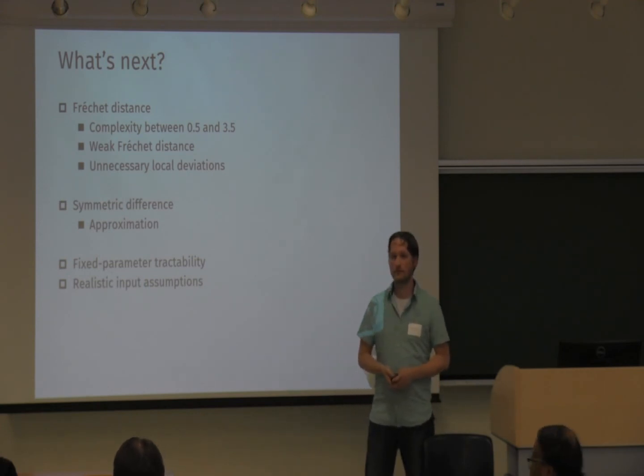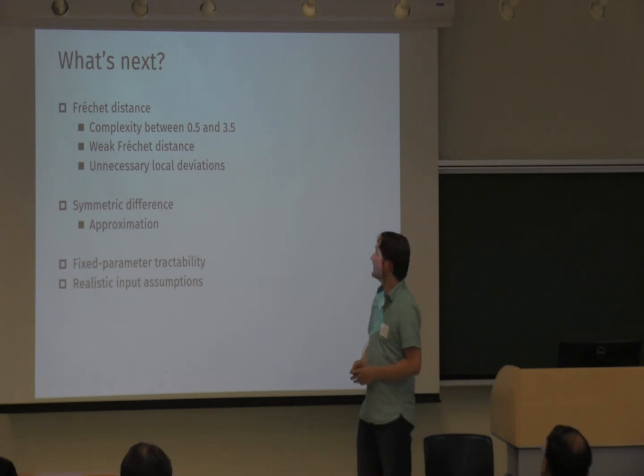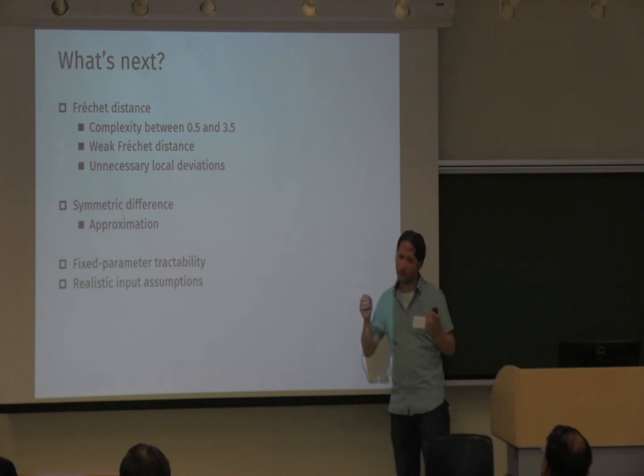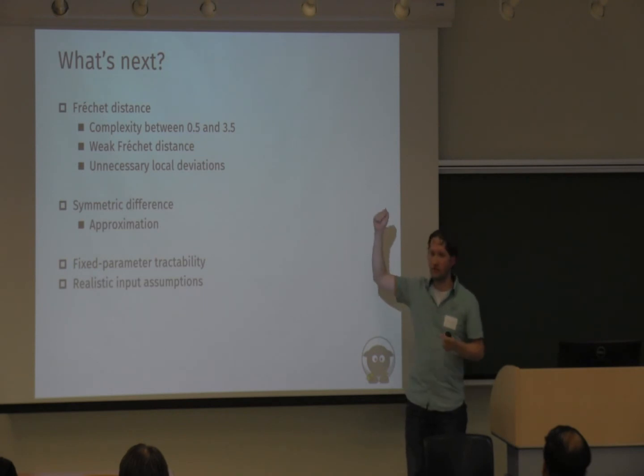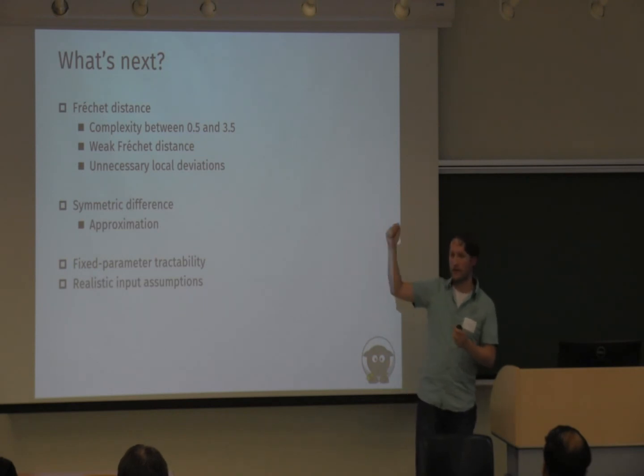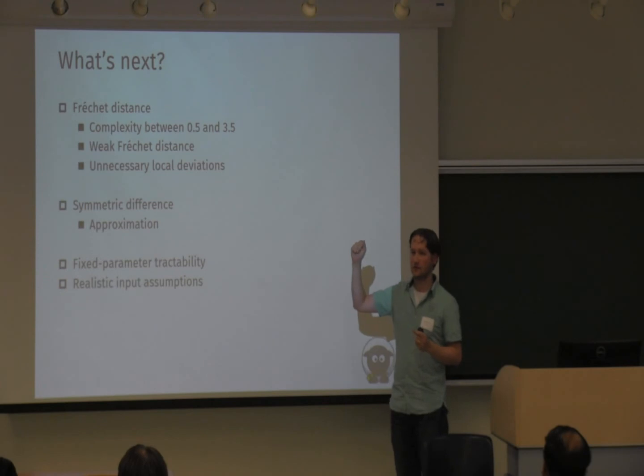Any other questions? What do you mean by the necessary local deviation? Yes. The Fréchet distance is characterized by the distance, when you're doing this walk, wherever the two points are furthest apart; that is what determines the Fréchet distance.